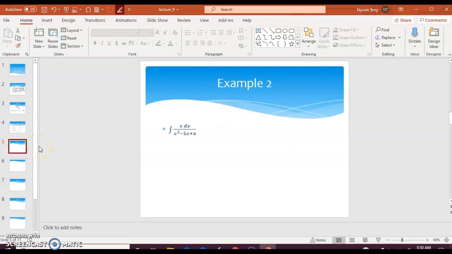Okay, in this problem, the first thing I'm going to do is say this is equal to the integral of x over, I'm going to factor this, x minus 2 times x minus 3, dx.